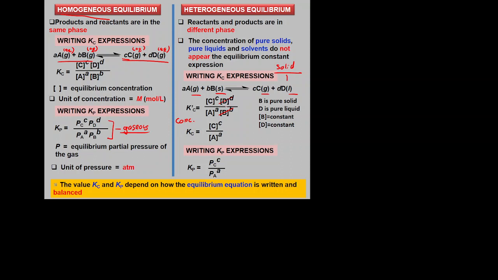Okay, so anything yang contoh the concentration of D to the power of D will be 1, sebab it will automatically jadi to the power of 0. So anything to the power of 0 is 1 kan. So that's why dia boleh cancel out je. Okay, so solid memang tak ada concentration. Right, and then gas ada concentration.